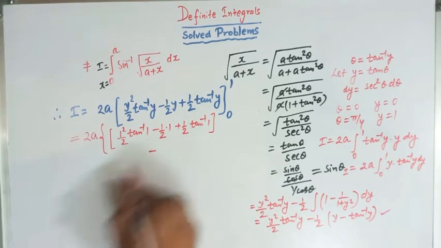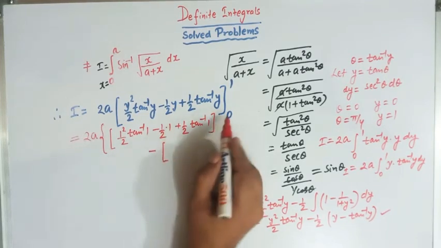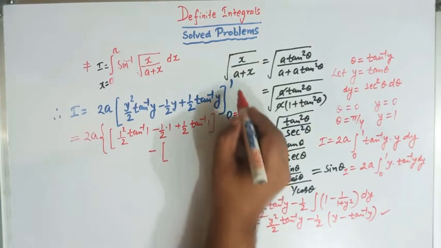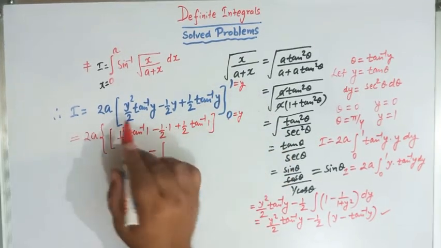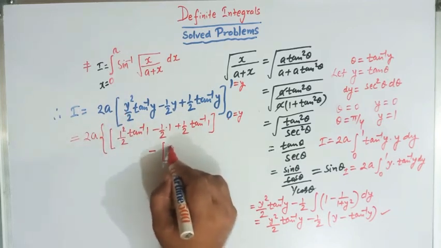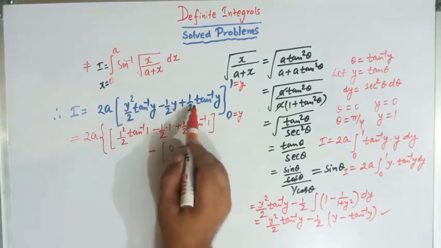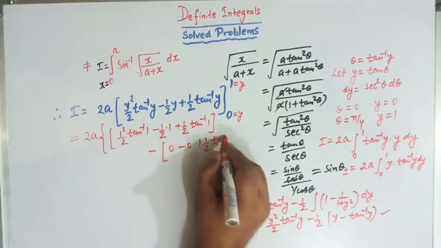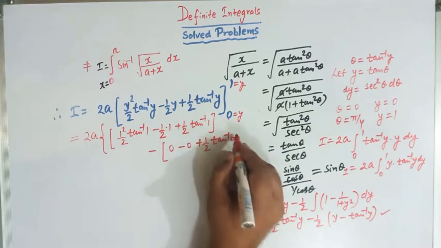And then minus, we substitute y = 0 here, so this term becomes 0, this becomes 0, and here we have ½ tan⁻¹0.